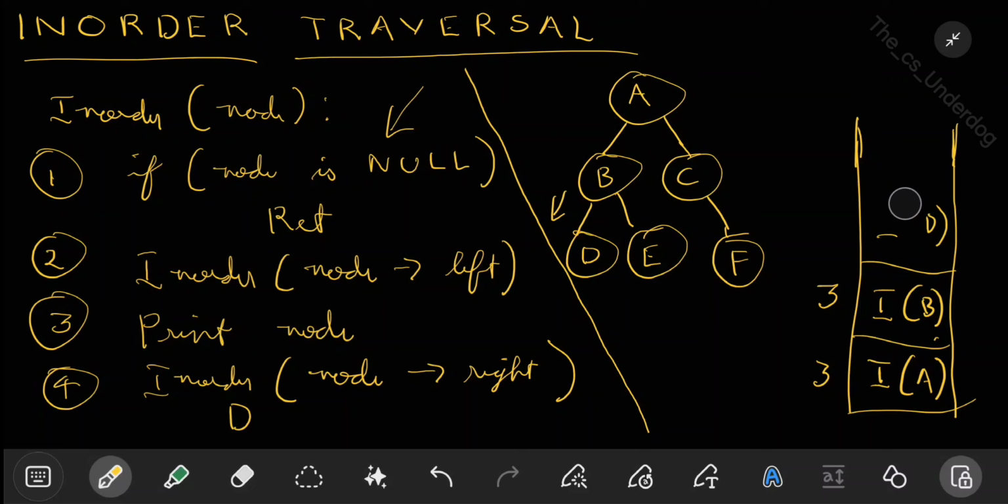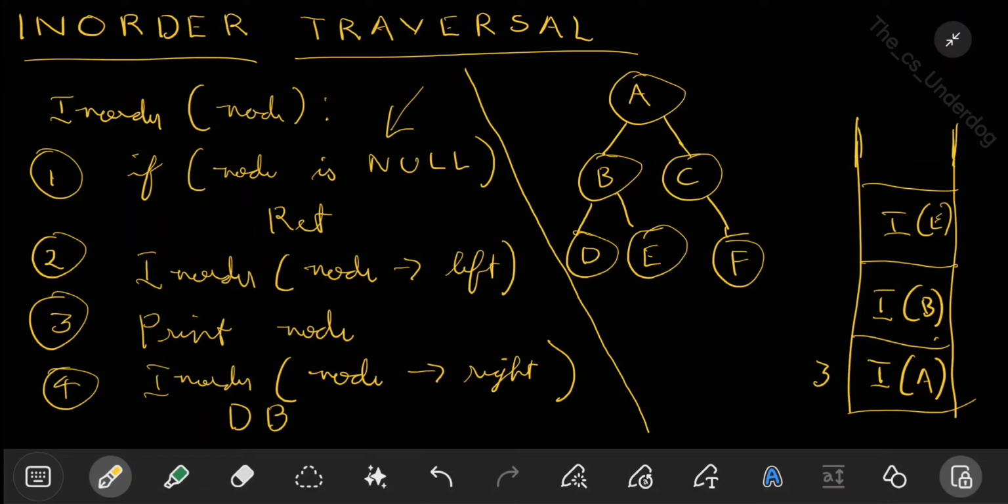I can pop off D. So I pop D off. So I reached B's third step in-order of B. What is the third step? The third step says print node. So I'll print B. Then I'll go to the fourth step of B, which is B pointing right. B pointing right is E. So I'll call in-order of E.